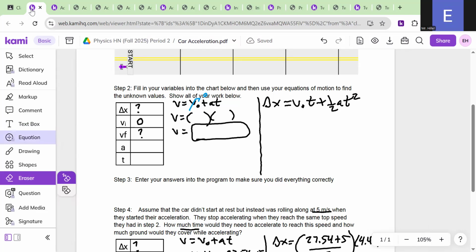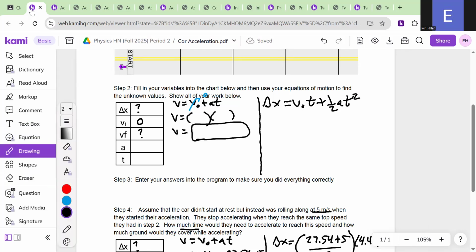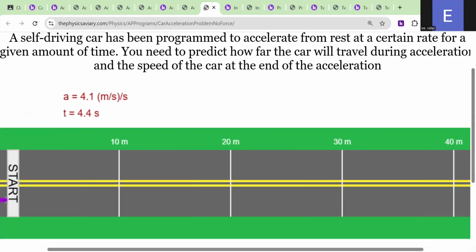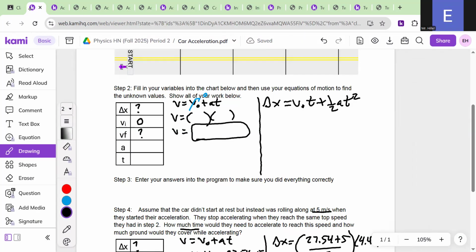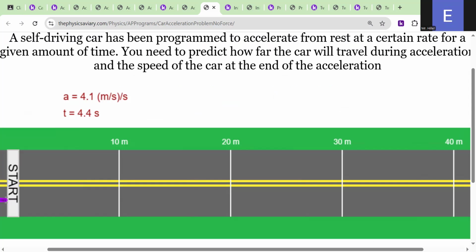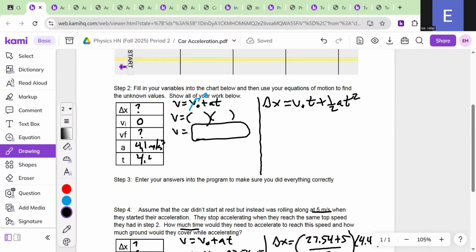Like I said, every once in a while, we're going to make mistakes. Just correct them as you go. So my acceleration was 4.1, and my time was 4.4. So 4.1 times 4.4. And I noticed I got my top speed right, but I got my displacement wrong.